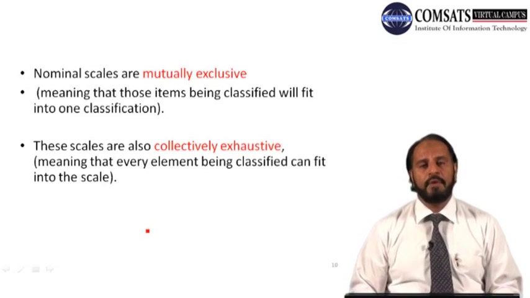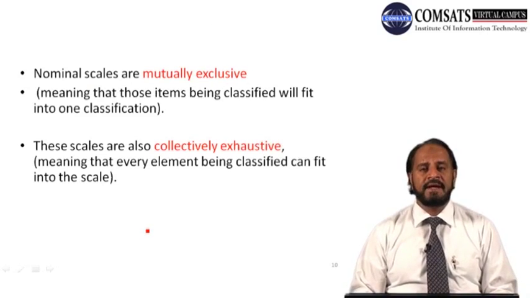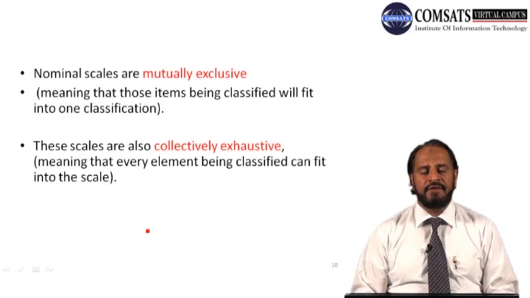Another interesting part about nominal scales is that they are usually mutually exclusive. So when we ask which year you belong to, first year, second year, third year or fourth year, as an undergrad program, you have one mutually exclusive answer to give. Or if you are asked your country of birth, it's going to be either Pakistan or USA or Canada, whatever.